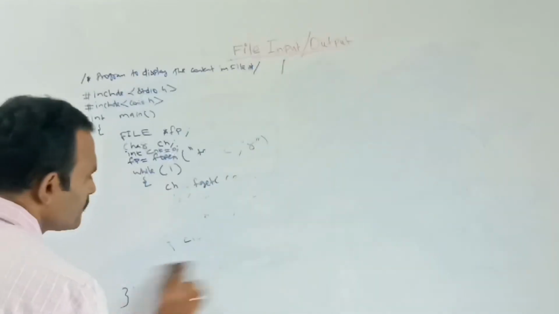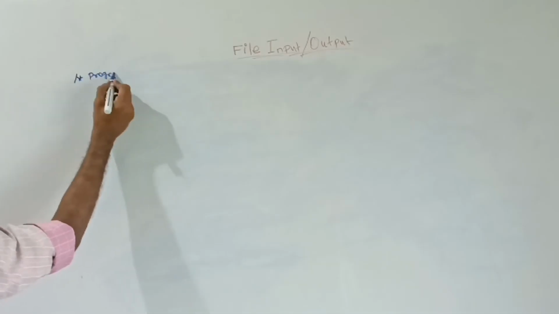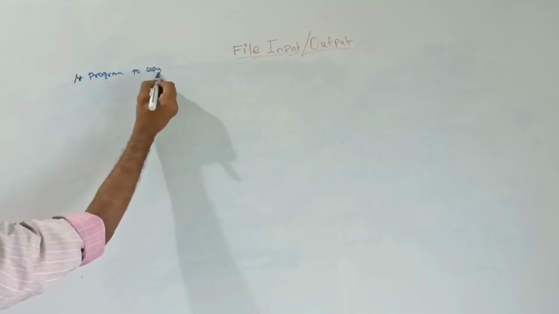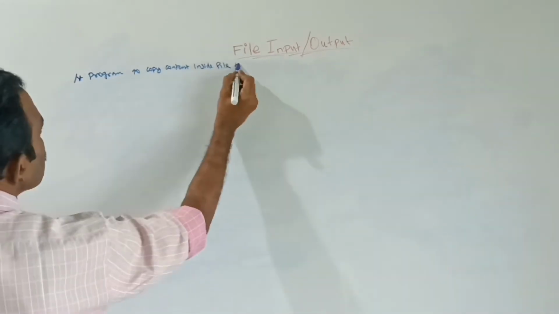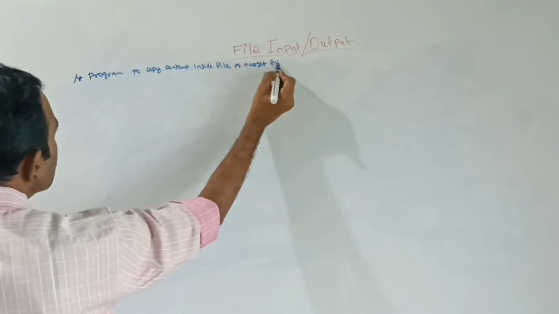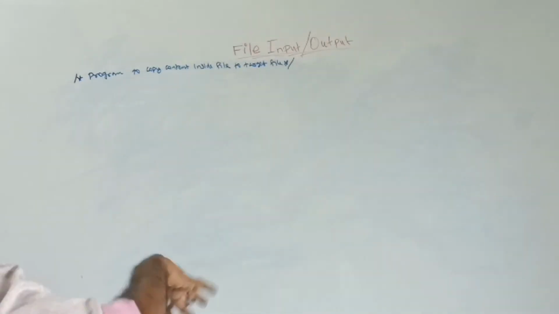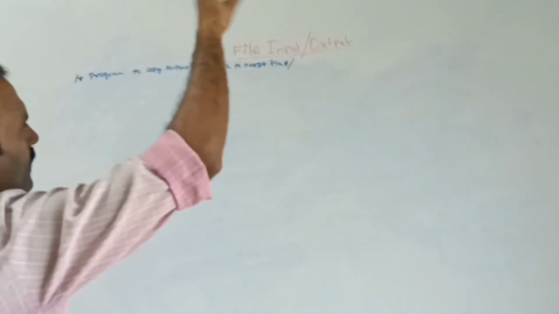Now let us see. Copy the content inside the file to the target file. From the source file we are copying the content to the target file.